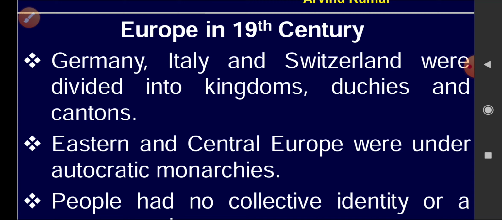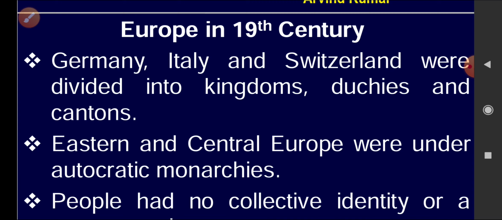Europe in the 19th century, the second topic of this chapter, is the making of nationalism in Europe. At that time, European states were ruled by different dynasties.